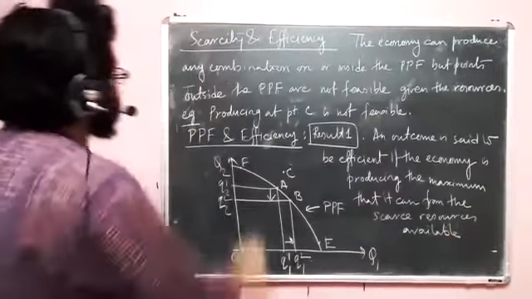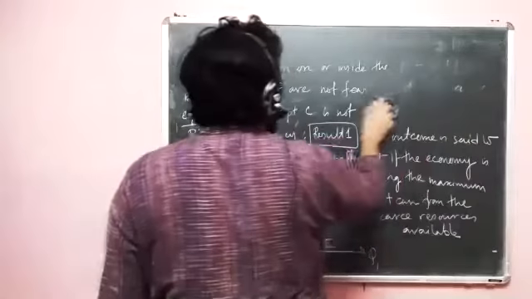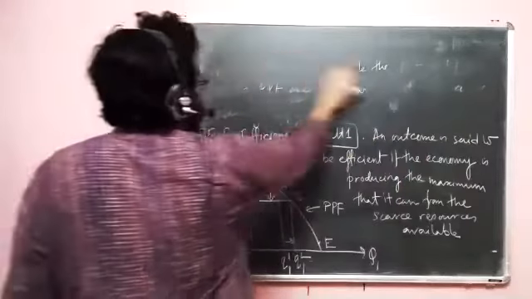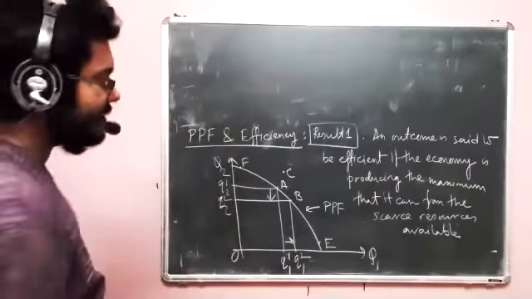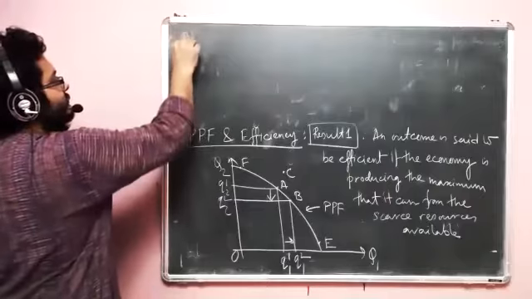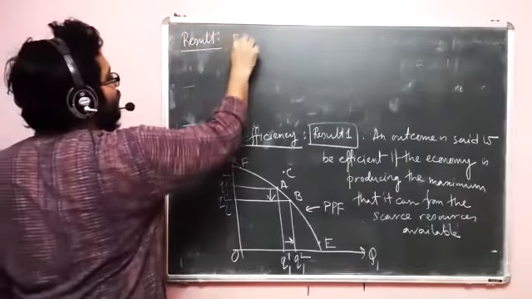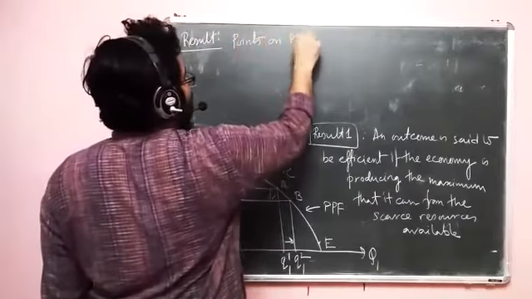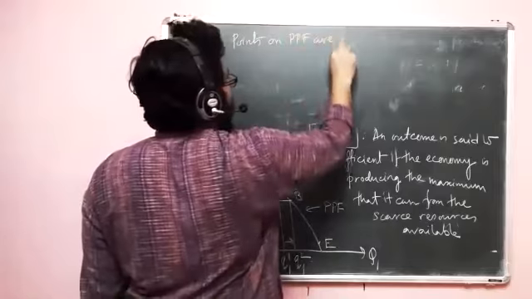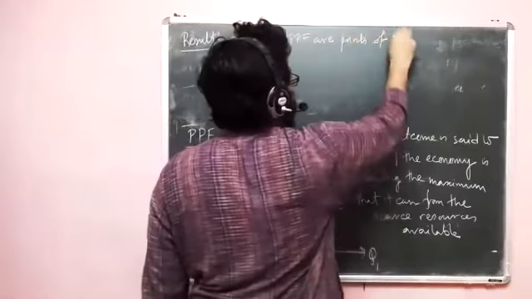Okay. So this takes us to two more important one-liners, right? And those one-liners are these. So one result is points on PPF are points of efficient production.